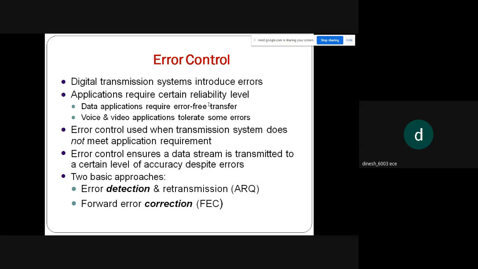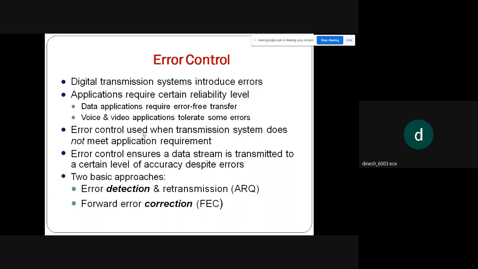And where do we use this? All data applications require error-free transfer. Video and voice applications also require it, and being error-free gives us a better data rate.